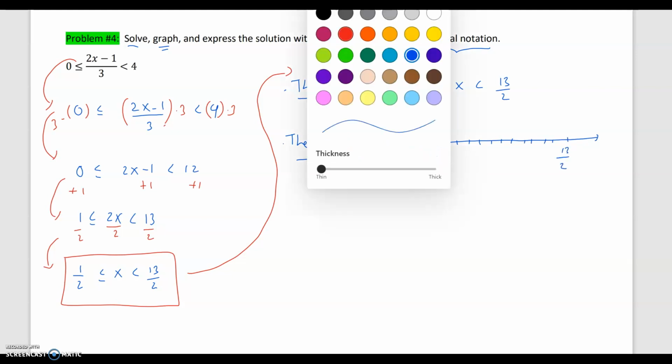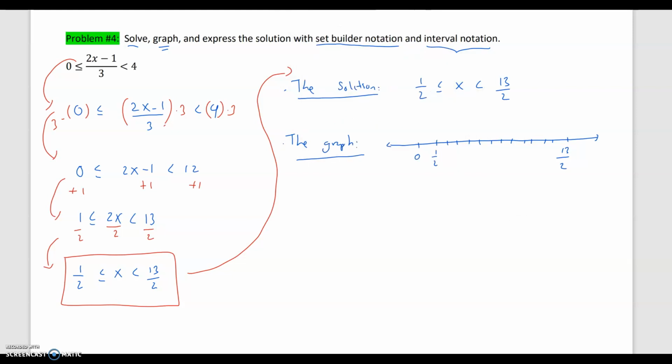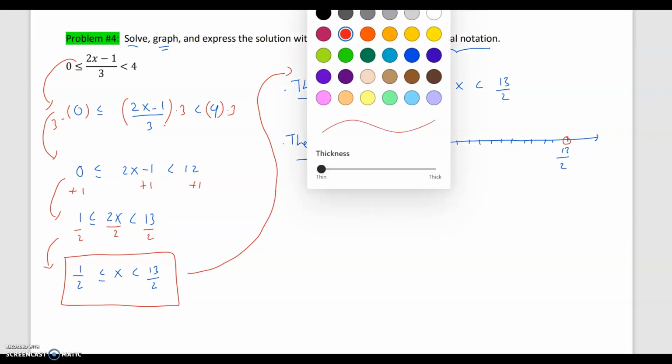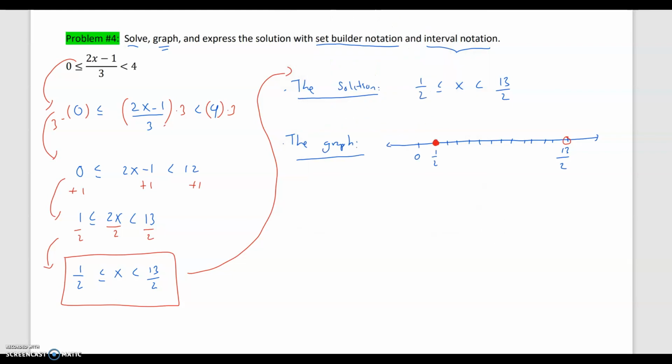And next, well, we're not including 13 halves. So let me write it with an open circle, but we are including 1/2. So let me put this with a closed circle, and then technically every value in between. In this case, my line is a little bit, oh, it removed everything.